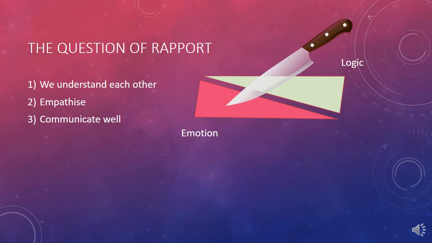So when we're looking at rapport, we understand each other, we empathize, and we communicate well in order to achieve those things. And I've put up this image on something that I've come to understand about the distinction between empathy and sympathy.